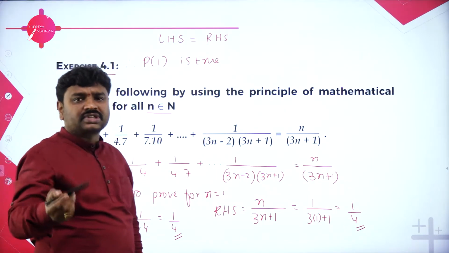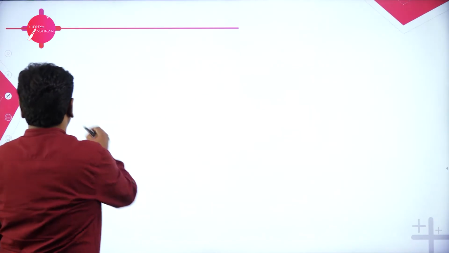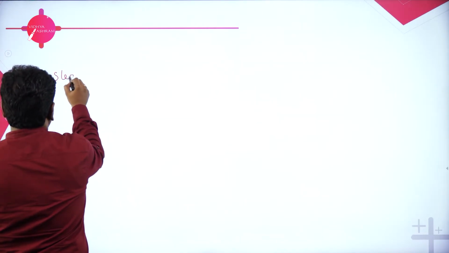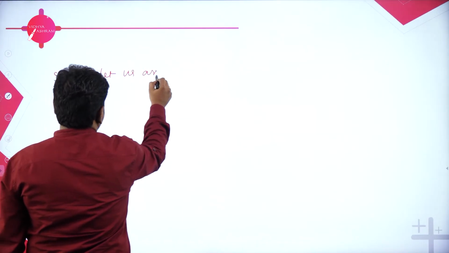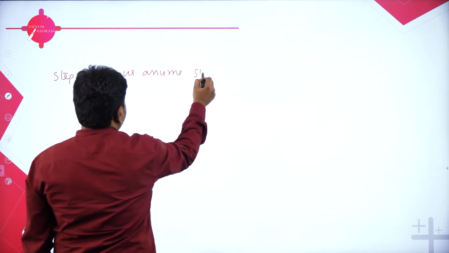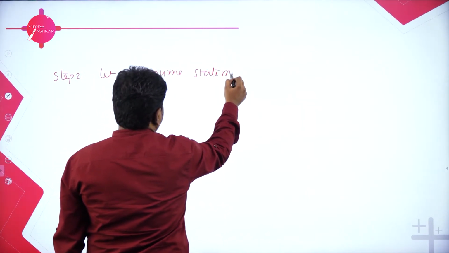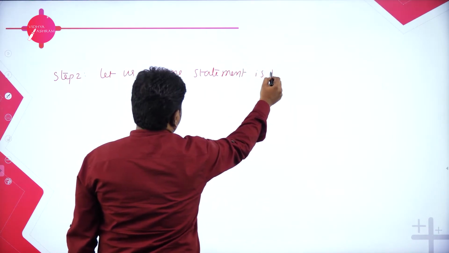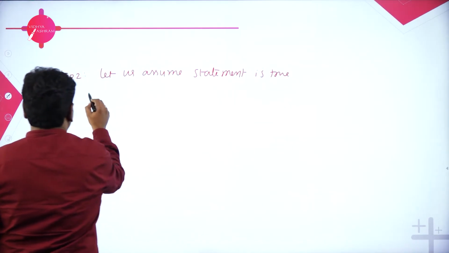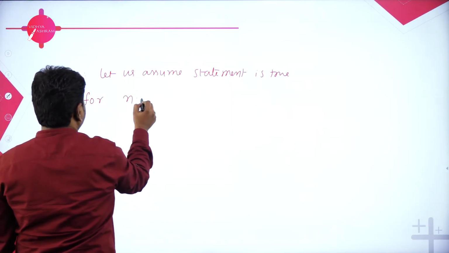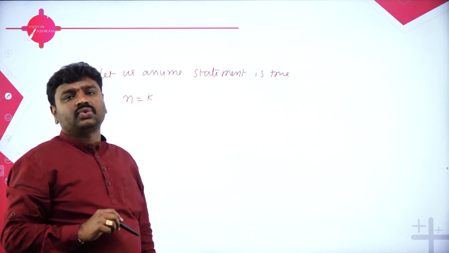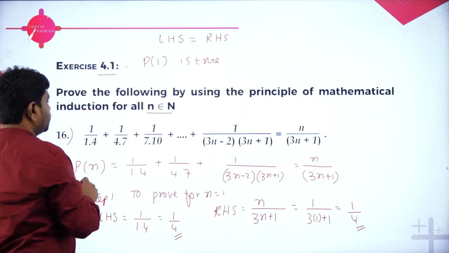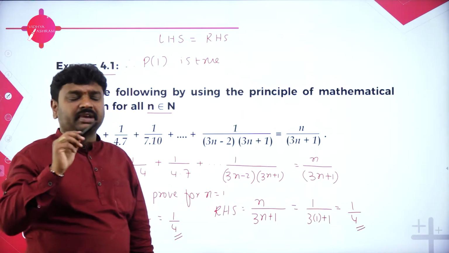Now, step 1 we have done. Now, we will go to step 2. Step 2, let us assume statement is true for n is equal to k. So we'll assume statement is true for n is equal to k. That means in the formula replace n by k.